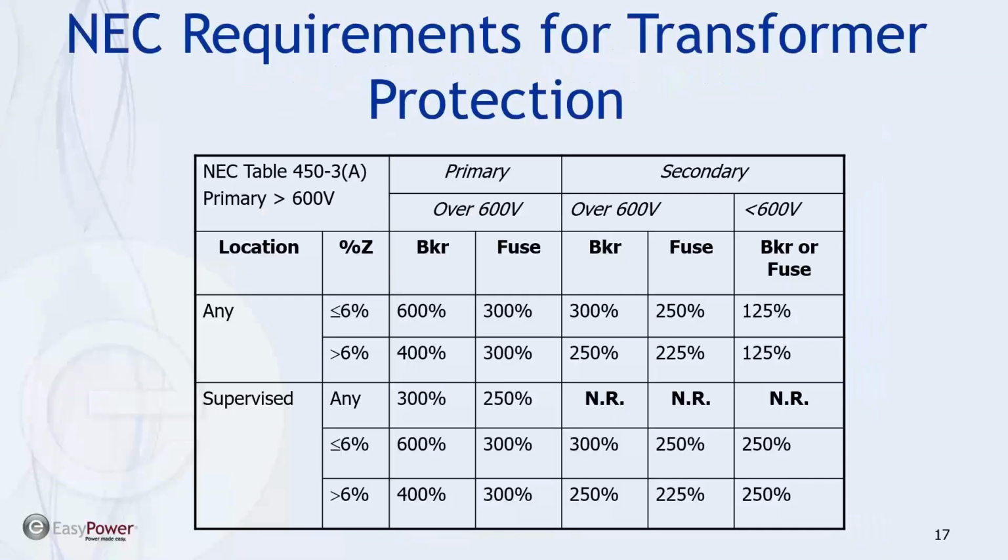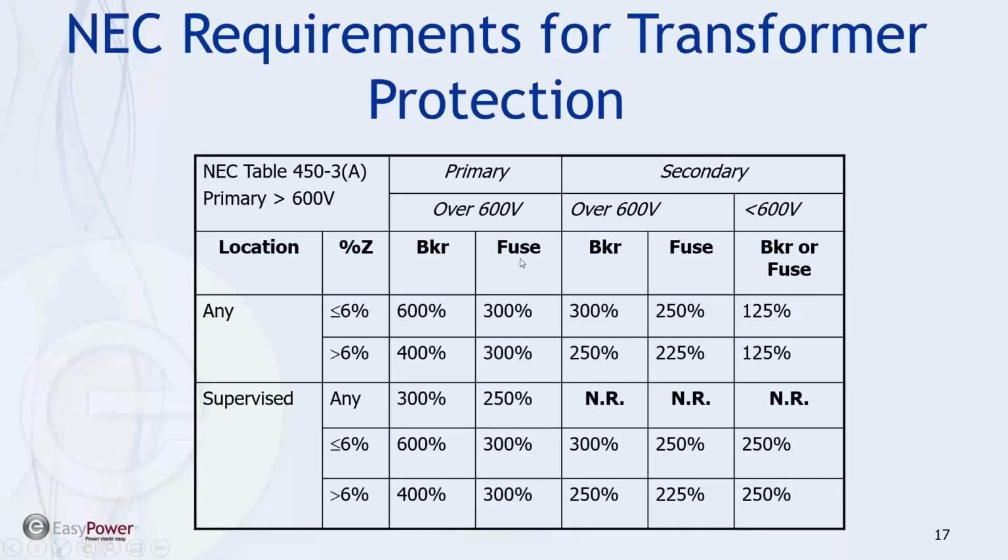Additionally, in the National Electrical Code, there's requirements for transformer protection. And these include specific ratings or maximum protection settings for different size transformers and different conditions and different protective devices.